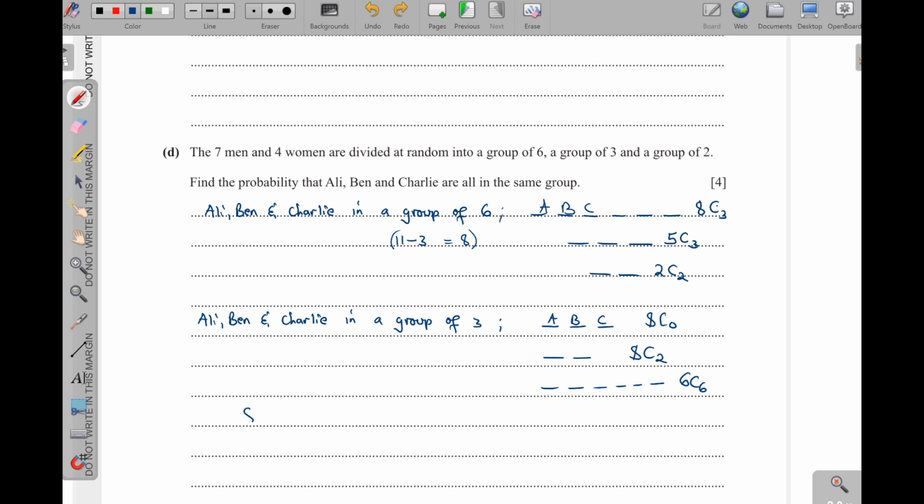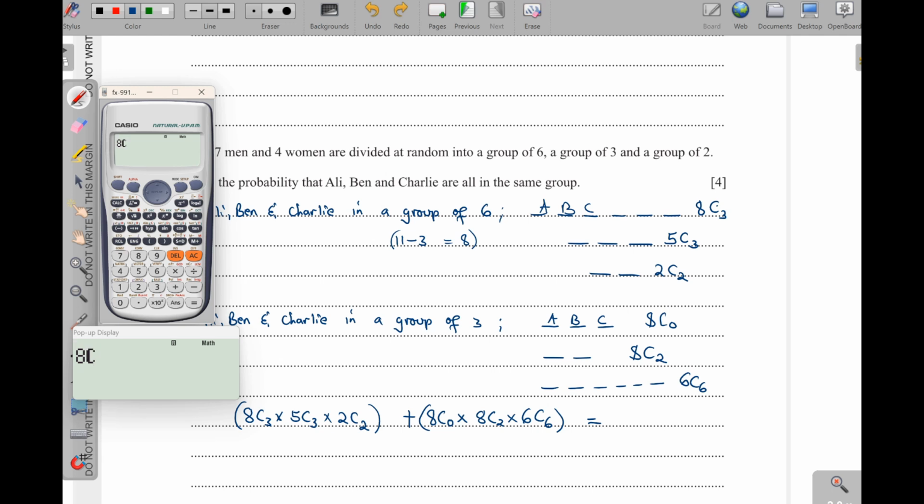So we shall have 8 combination 3 times 5 combination 3, then times 2 combination 2. Then we shall add 8 combination 0 times 8 combination 2, then times 6 combination 6. Okay, so what do we get here? 8 combination 3, we get 56, then times 5 combination 3, that is 560.